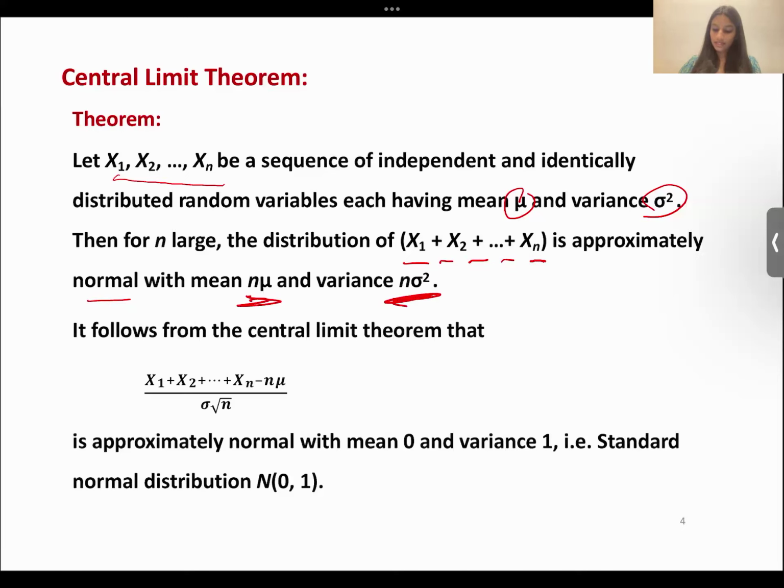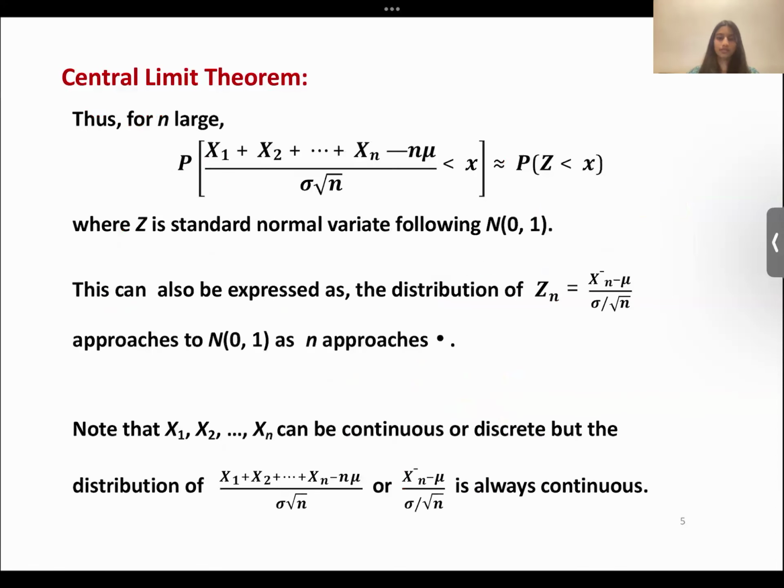So it follows the central limit theorem in such a way that the summation of the xi, given by x bar, minus n mu divided by sigma root n, is the central limit approximation of all these random variables to a normal distribution. When it follows this, it's said to follow a normal distribution with mean 0 and variance 1, very similar to a standard normal distribution.